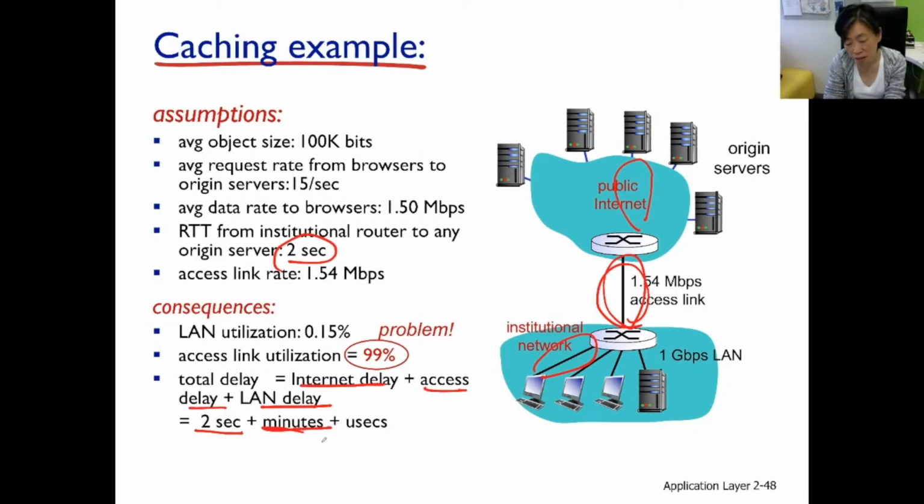Let's just say that it takes minutes. It could be even higher. And the LAN delay, now this is very low because utilization is super low. So let's say microseconds. Right? So 3 components, which one dominates? Yep, queuing delay on the access link dominates. So bottleneck where? Here, in terms of delay performance. How do we fix this? Let's look at the second scenario.